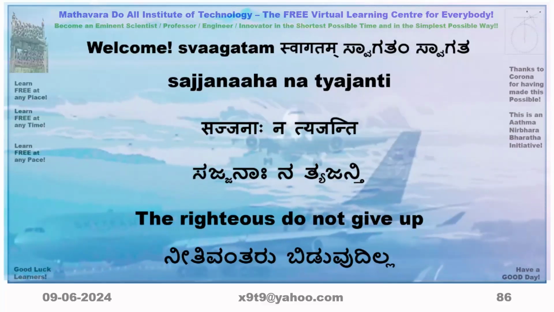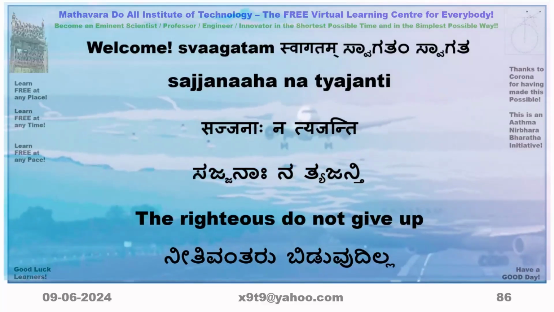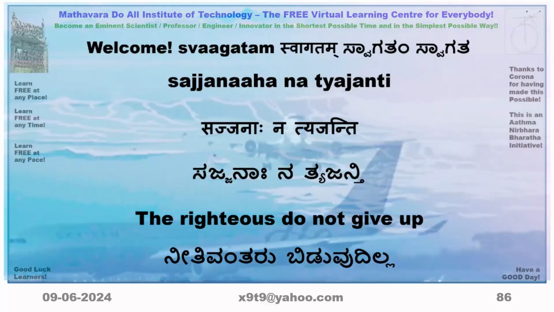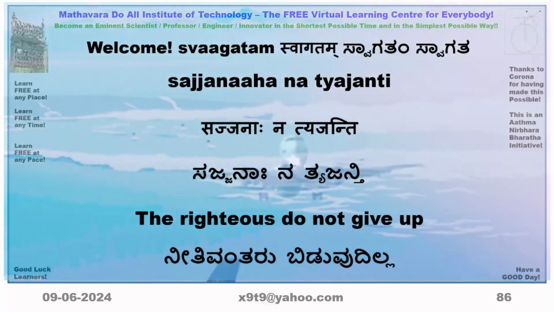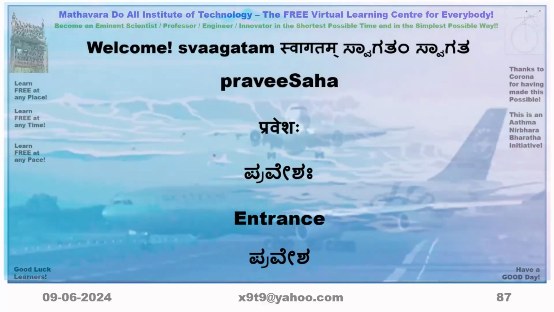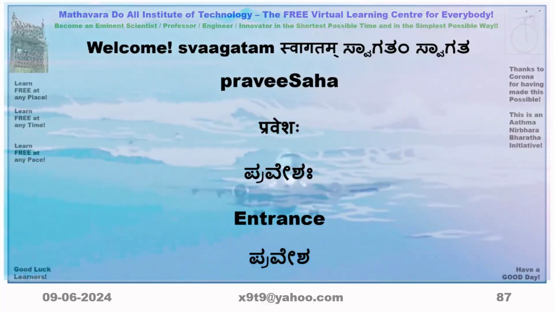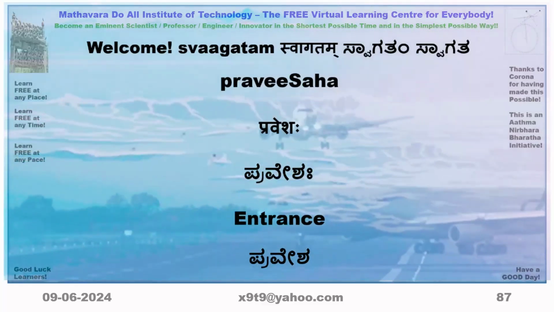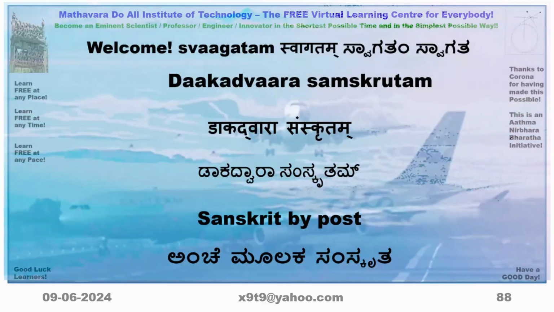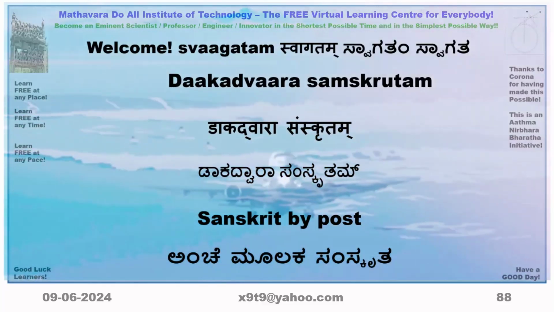So here the problem is, as I told, one single word can stop our career itself. We will not be able to proceed further. That is why some teacher is necessary. Praveshaha means approximately entrance. Dakdwara Samskrutam is like Sanskrit by post.